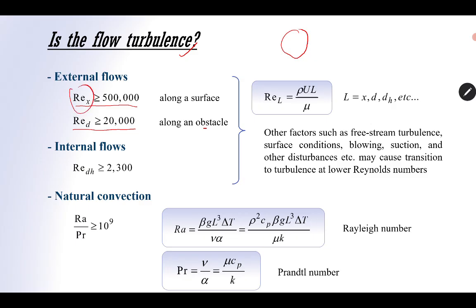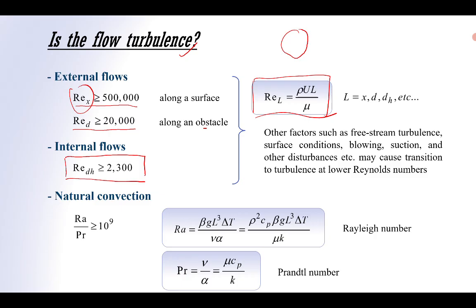The Reynolds number, of course, I think all of you should know, is the equation rho u L over mu. For internal flow, for example in a pipe, turbulent flow occurs when the Reynolds number is more than 2,300, something like that.